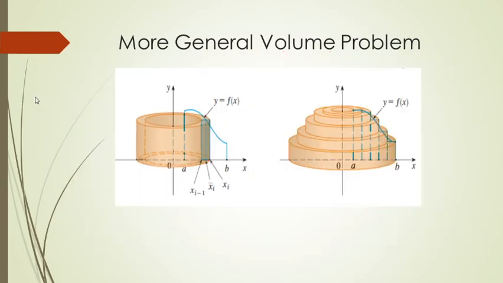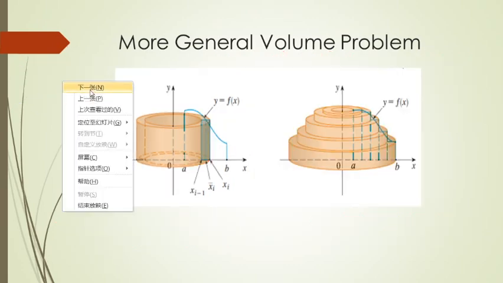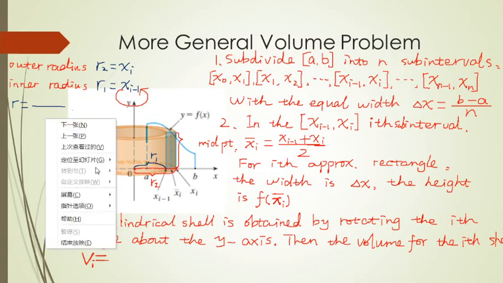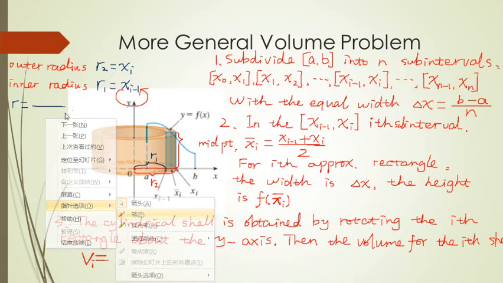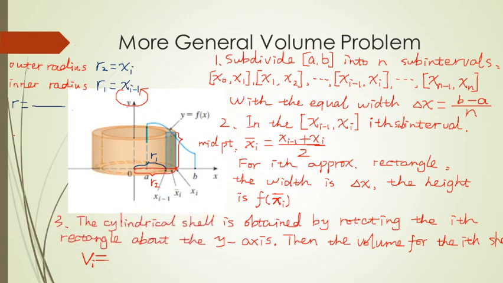So what is the R? The R will be the average of the outer radius xi and xi minus 1, right? And again, what is the formula here? You can check that. Actually, the average of the left and the right endpoint for the ith interval, that is xi bar.